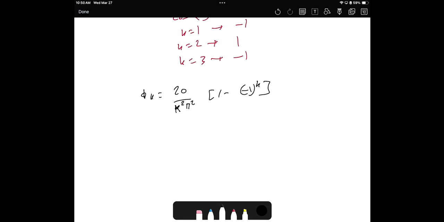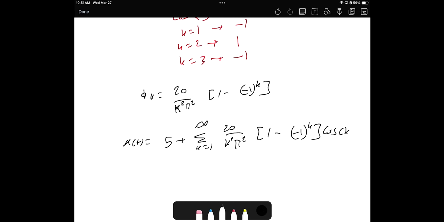As a result, x of t equals a naught, which is 5, plus the sum from k equals 1 to infinity of 20 over k squared pi squared times 1 minus negative 1 to the power k, times cosine of k omega naught t.